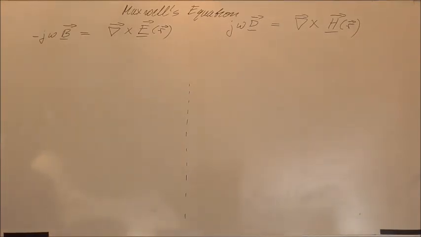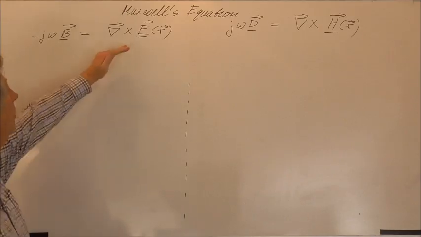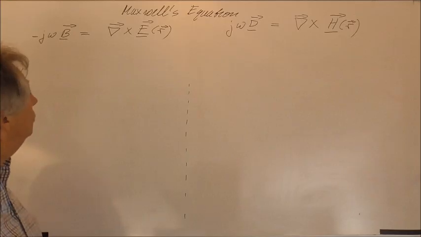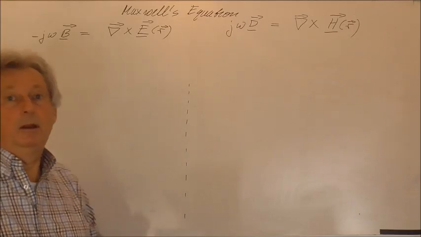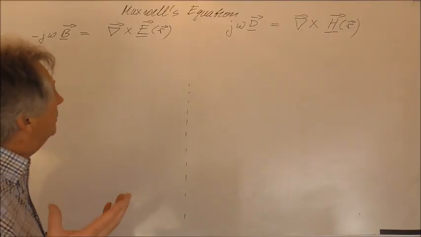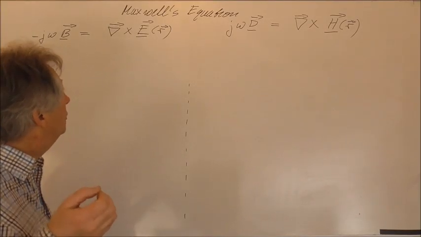So after I introduced the fields, I come to Maxwell's equations. Of course, the problem always is that you can only understand Maxwell's equations if you are familiar with vector analysis, but at the moment you are not, so I will reduce the problem.